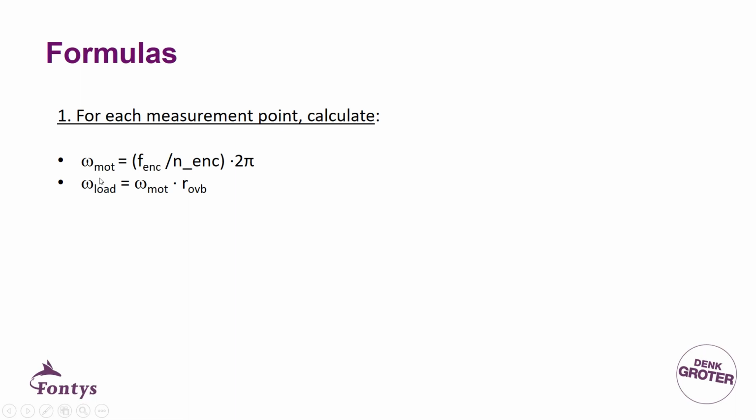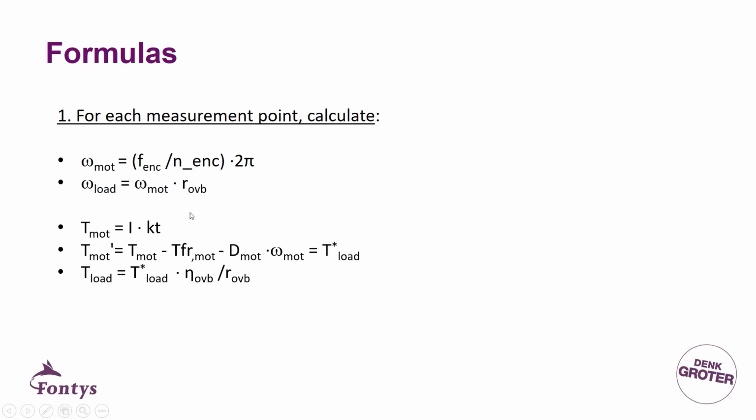And based on that we can calculate the angular speed of the load by multiplying omega motor by the transmission ratio ROVB. We can also calculate the motor torque by multiplying the measured current in every measurement point multiplied by the motor constant kT.